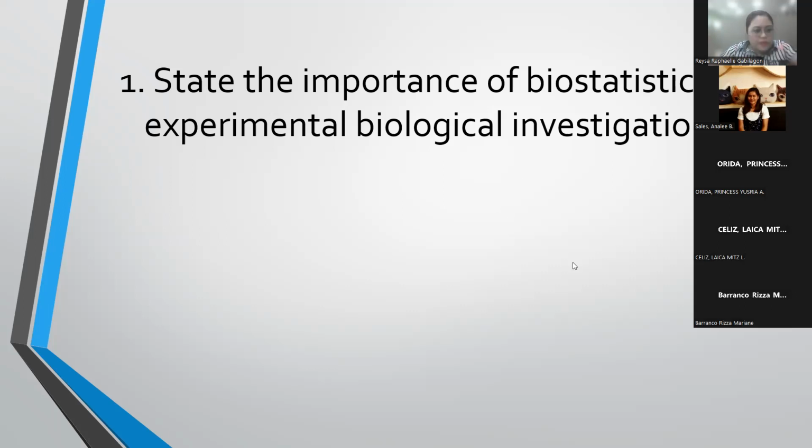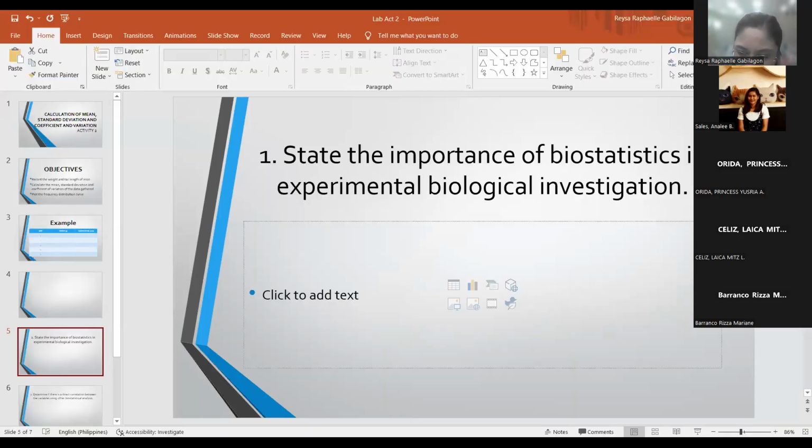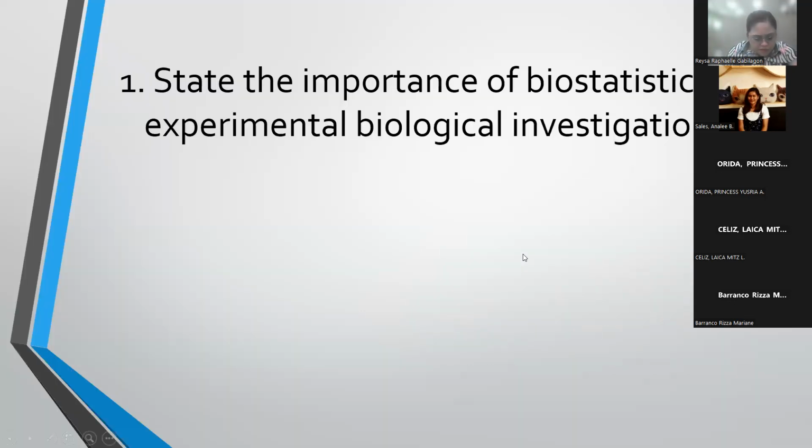Ma'am, for me, it is to get deep information, for example about paracetamol. For paracetamol, a statistical investigation is needed to better identify the quality and effectiveness of drugs before going to market. Like how?